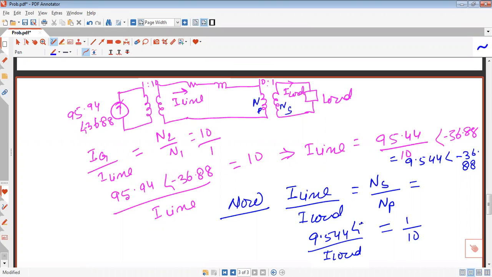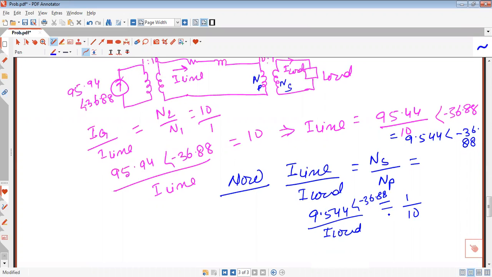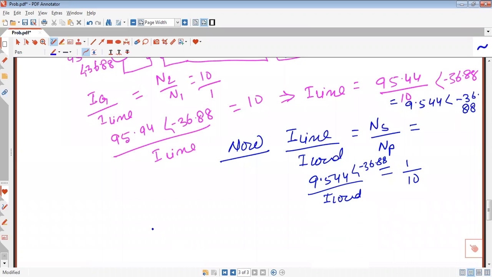Here angle is also minus 36.88. So from here we can very easily see that our load current, I load, will be equal to 95.44, angle is minus 36.88.